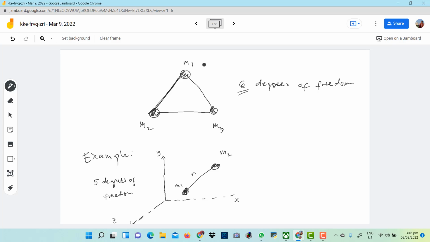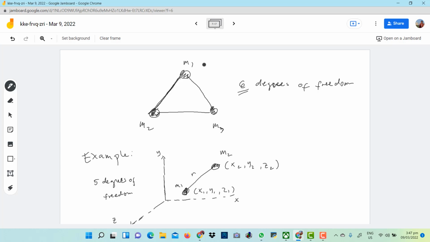Mass 1 has coordinates x1, y1, z1. Mass 2 has coordinates x2, y2, z2. So I have 6 coordinates originally, x1, y1, z1, x2, y2, z2.